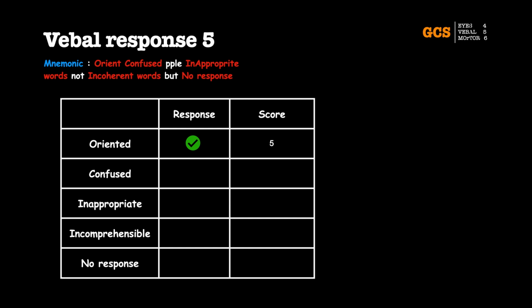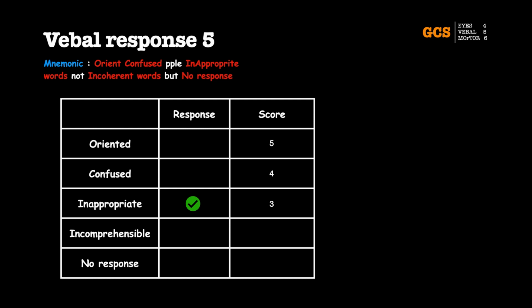But if you talk to the patient and the patient sounds confused in the answer he or she is giving you, for example, where are you? The patient says, I'm here. It tells you the patient is confused, and so you score the patient 4. Now, if the patient makes inappropriate words that you don't understand, you score the patient 3.